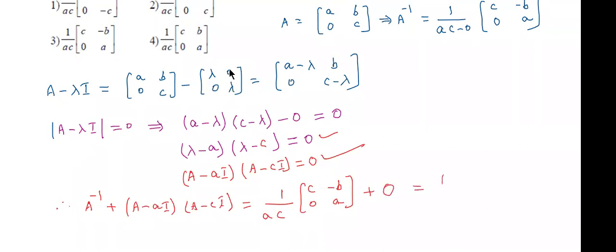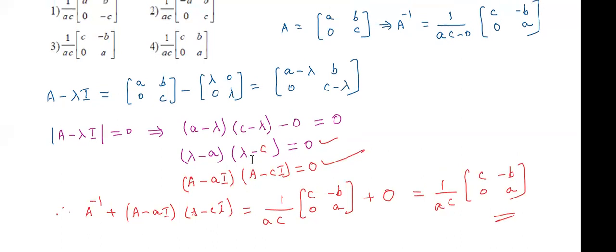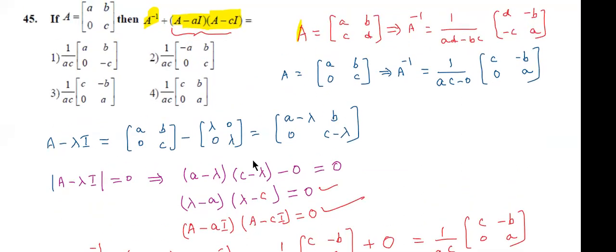Now finally the answer is 1 by ac into c, minus b, 0, a. This is the answer. Students, observe which option is correct. Third option is correct, or not?